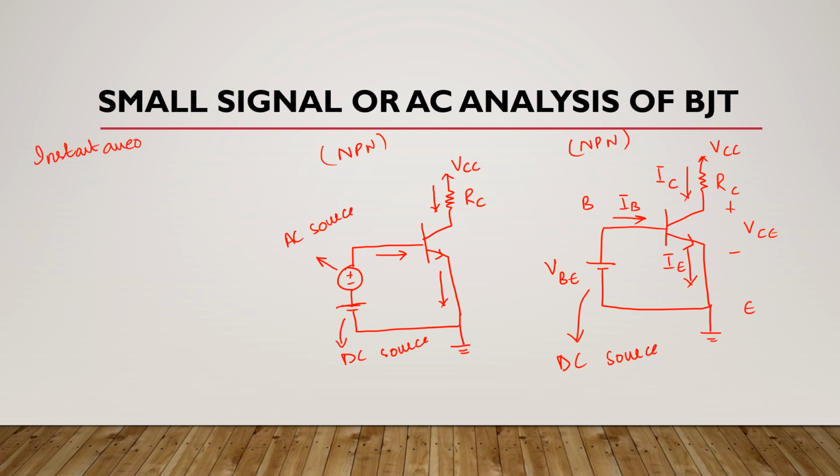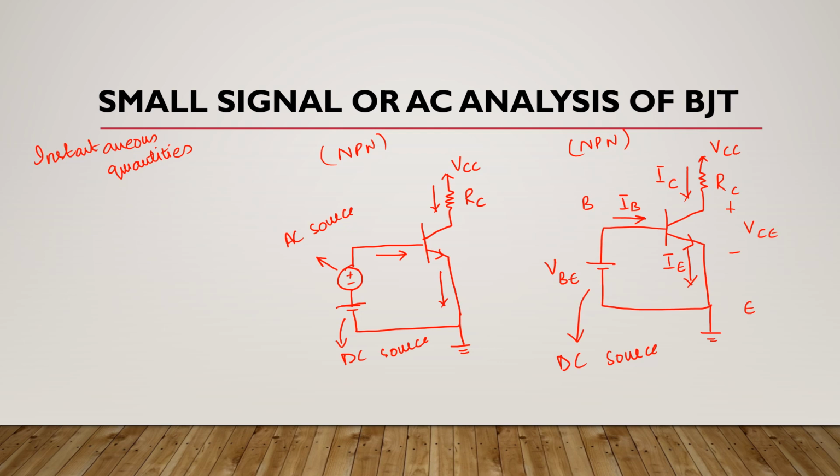It means here we are talking about instantaneous quantities. Now what are these instantaneous quantities? These are the quantities that are measured at a particular instant and they are sum of DC quantities and time varying or AC quantities.